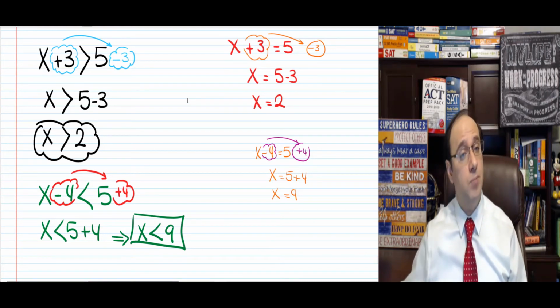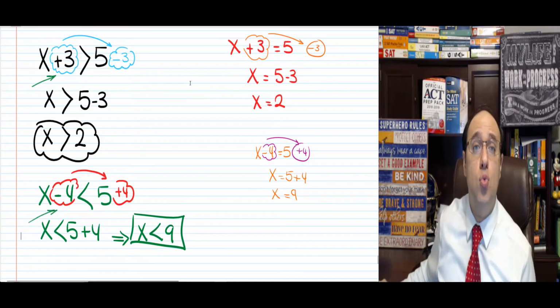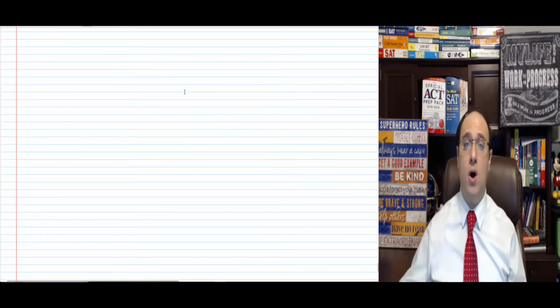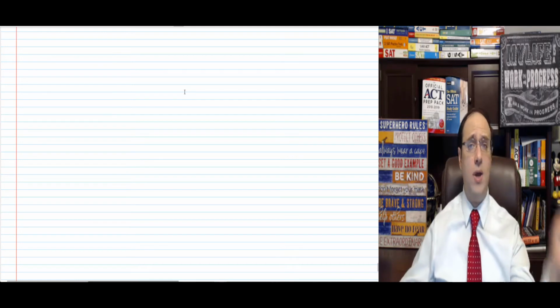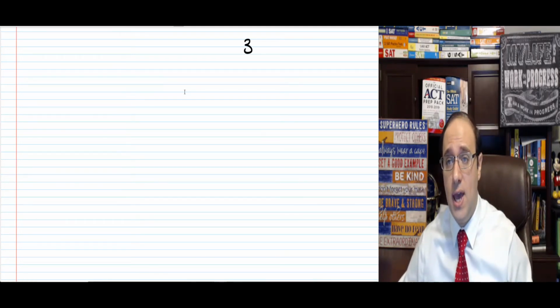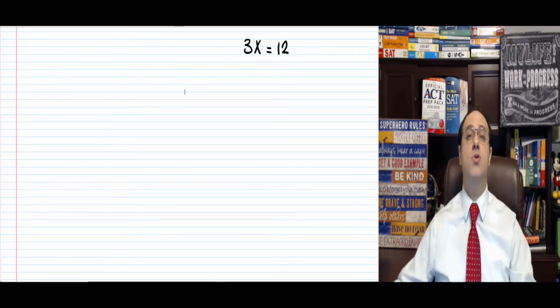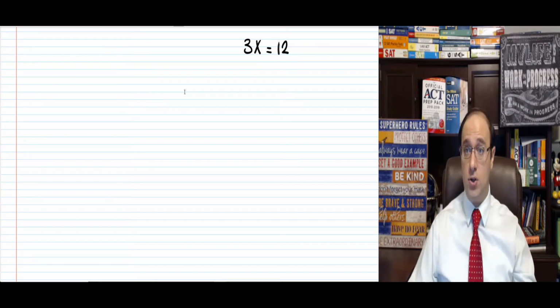Okay, let's go further. Here we did one with a plus, here we did one with a minus. Let's do one with multiplication and one with division. Okay, go to the right of the page, please. When I had 3x equals 12, how did I used to do this when it was just an equation?